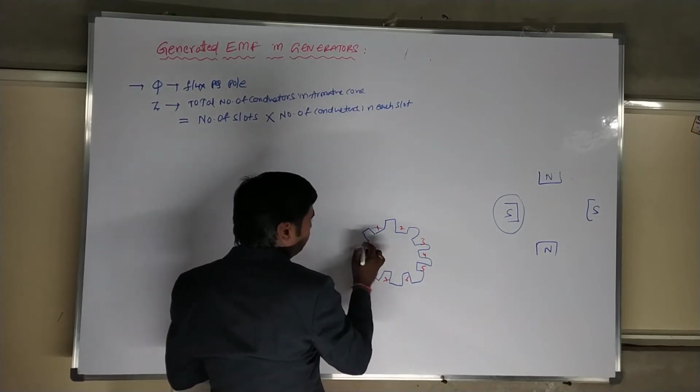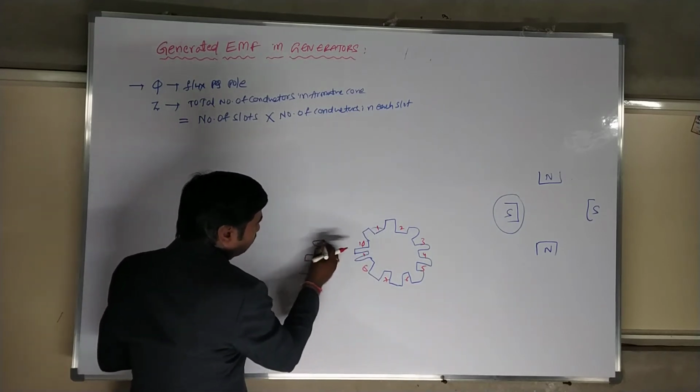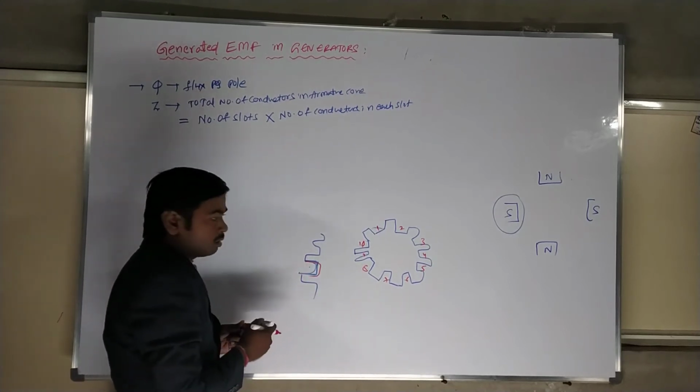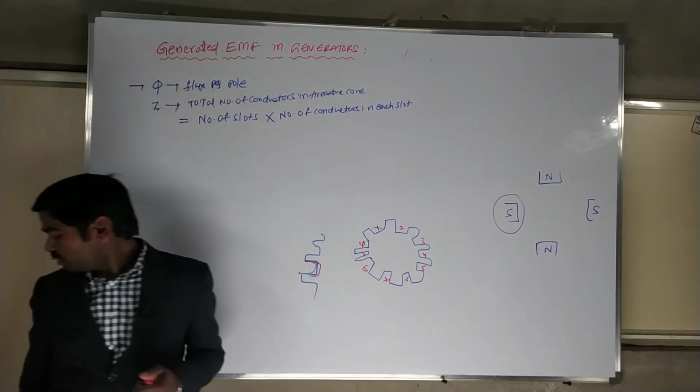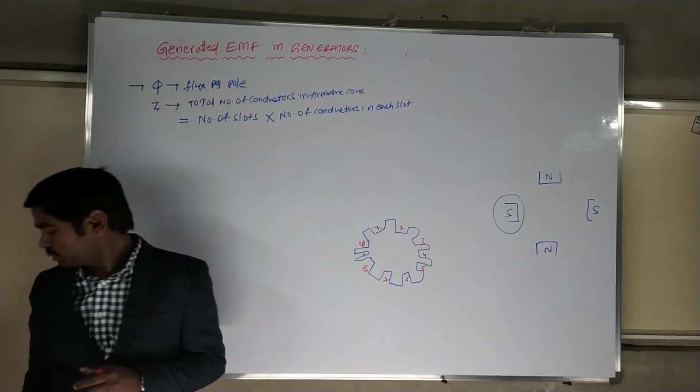Each of these is nothing but a slot. So how many slots do we have? 10 slots.